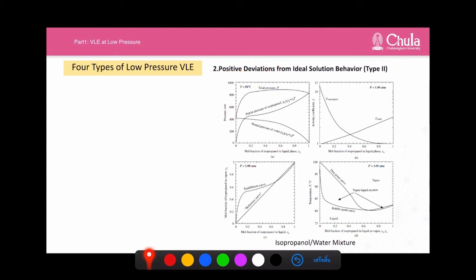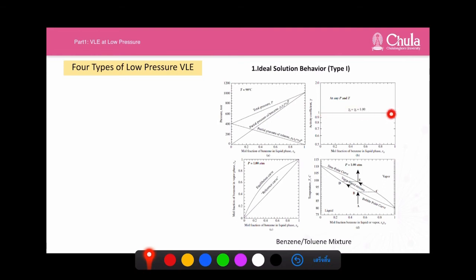Because if we look at the activity coefficient of component A and component B in the solution, we see that the activity coefficient deviates from the ideal case. Remember that previously we considered the ideal solution, right?